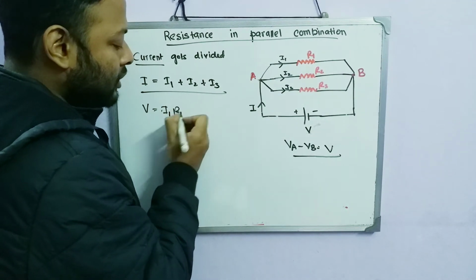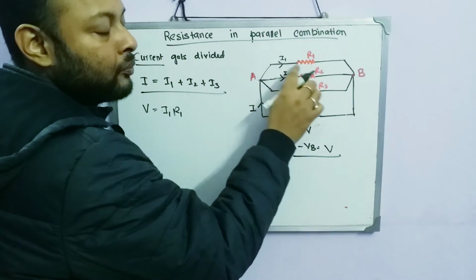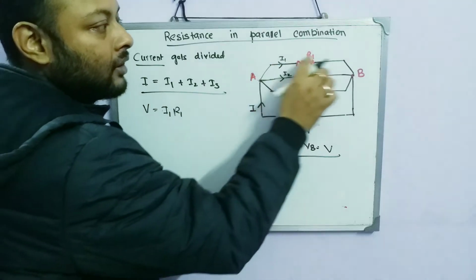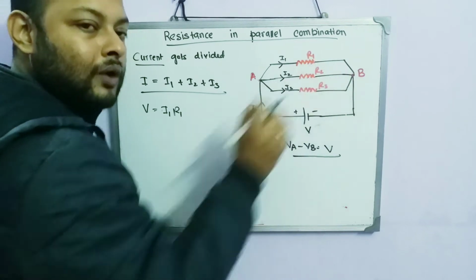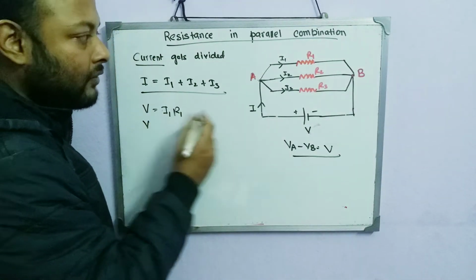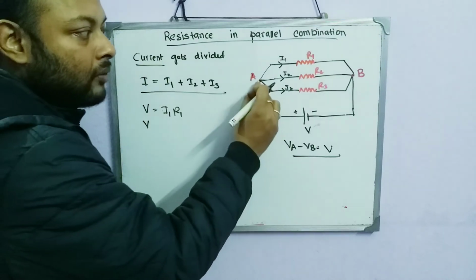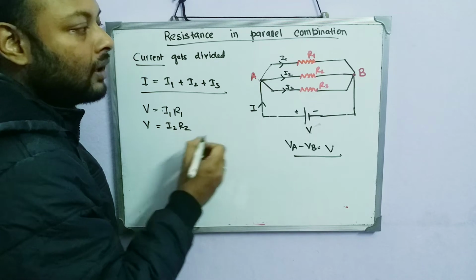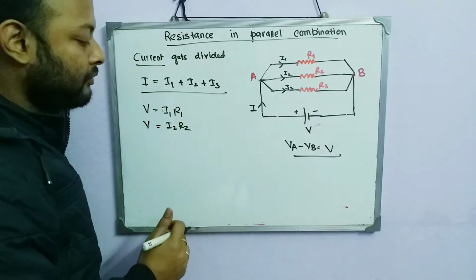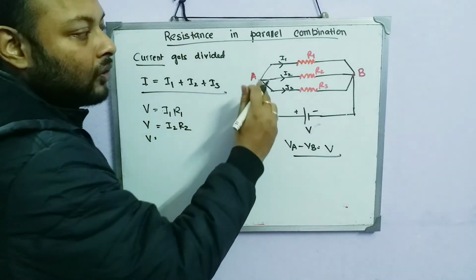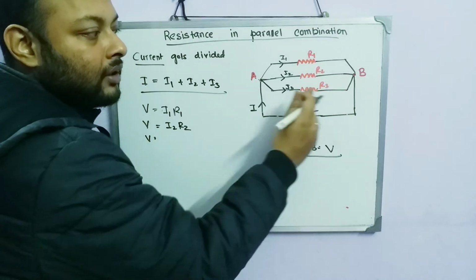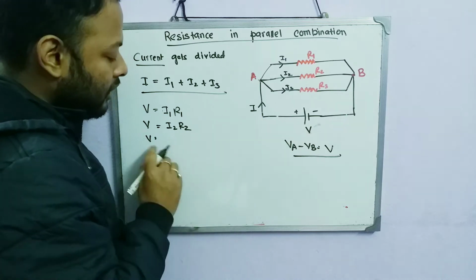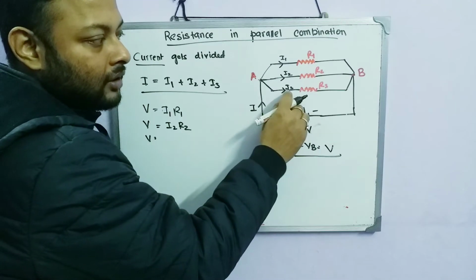Current is I1 and this resistance is R1, so the potential drop will be I1 into R1. Similarly, for the second wire, V between A and B is equal to I2 into R2. And the potential across the third wire is also V, because all three wires have the same potential. So V is equal to I3 into R3.